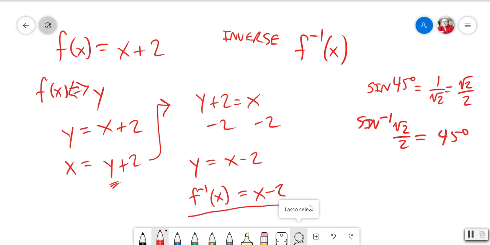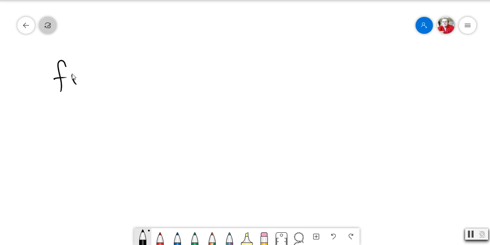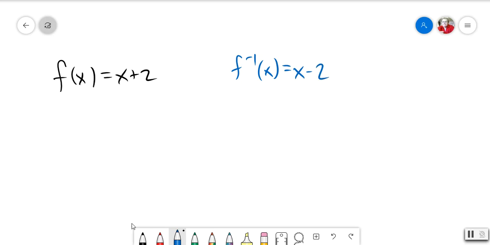Now, let's prove this. So we said f(x) equals x plus 2, and we said the inverse function is x minus 2. Now, really, that's kind of obvious. But we want to prove that this is correct. If you remember, the other day we did composition of functions, where you did a function of a function.